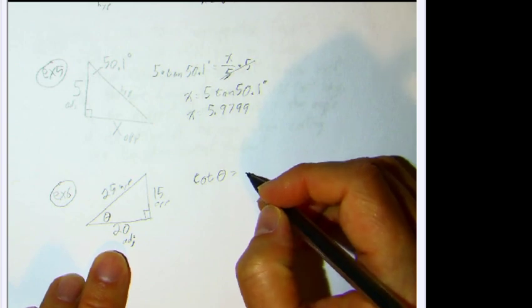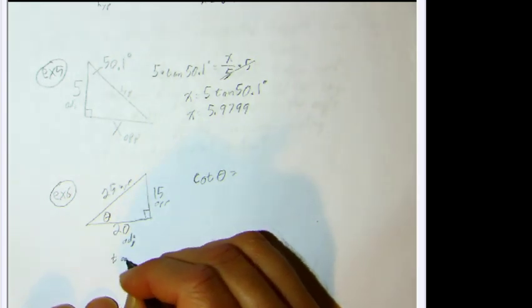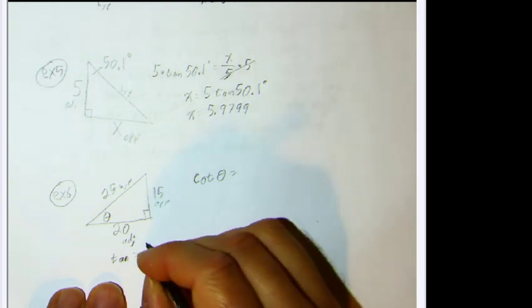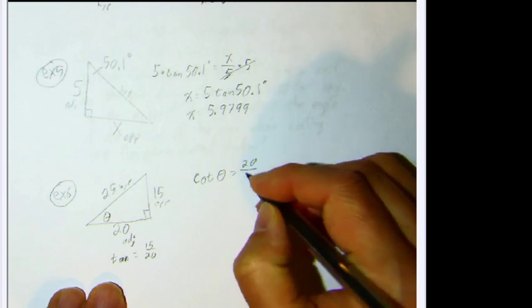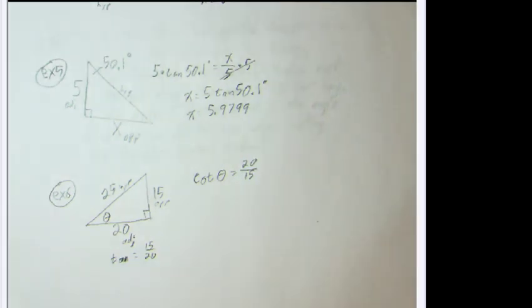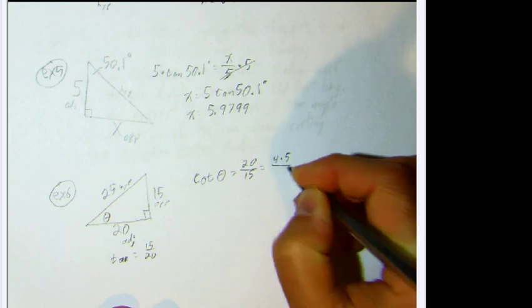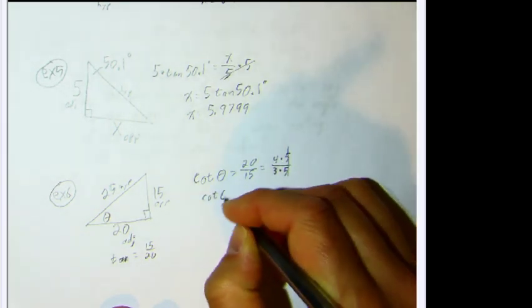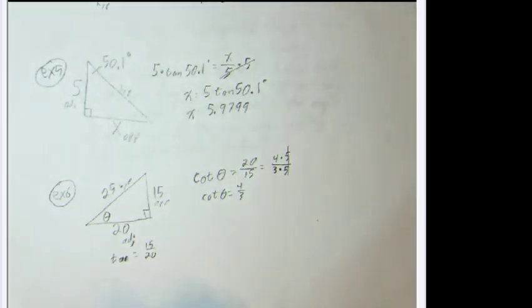Now if you don't remember that way, that's okay. We can do tangent first. So tangent should be opposite over adjacent, and then we can flip that for cotangent, because cotangent's just you flip the tangent. From there we're going to simplify. We see this is 4 times 5 and 3 times 5, so those cancel. So then our cotangent of theta is going to equal 4 over 3.